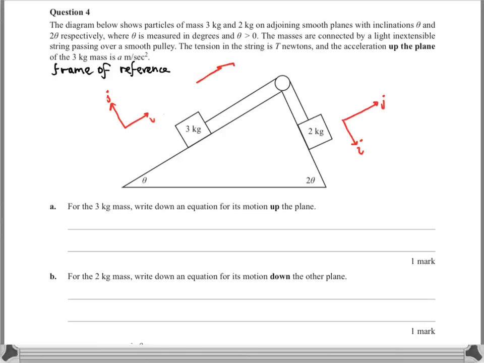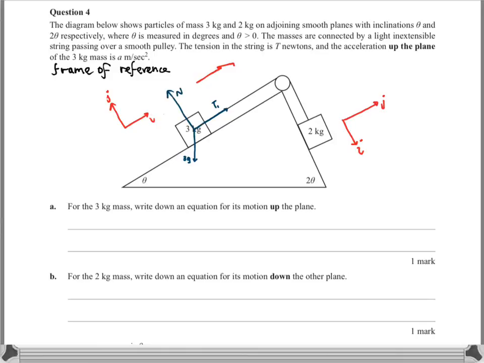Establishing frames of reference like that, we're now going to write down equations of motion, that is, the sum of forces acting on the blocks. We've got two forces there: tension in the string, and a weight force pulling down the 3 kilogram block. There's also a normal force pulling back up.